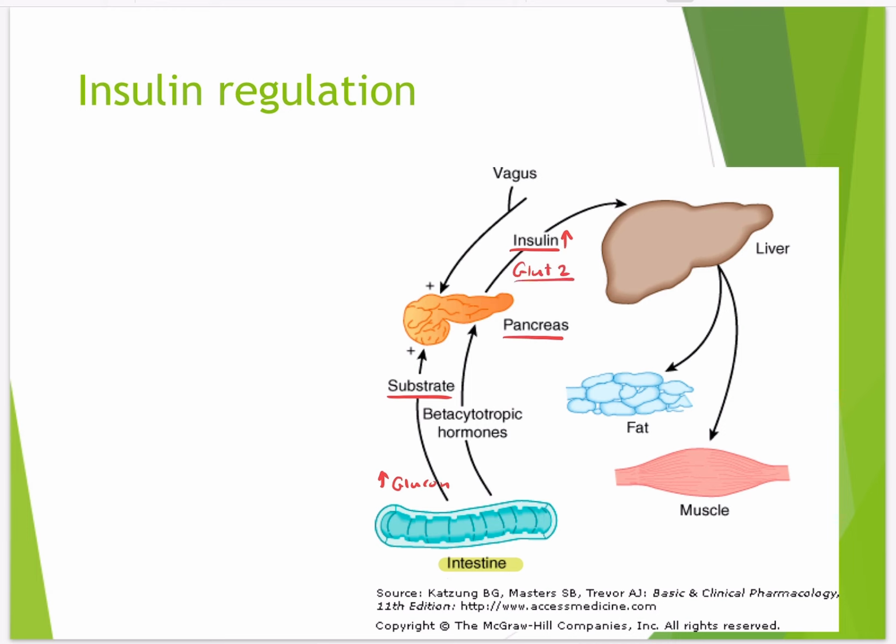Insulin can affect the liver. It can increase the absorption of glucose by the liver. Then the liver starts three or four more mechanisms.